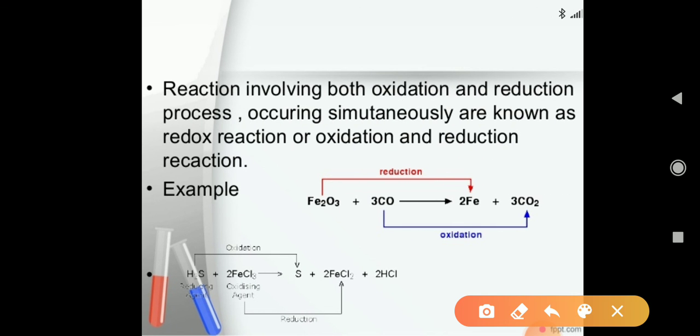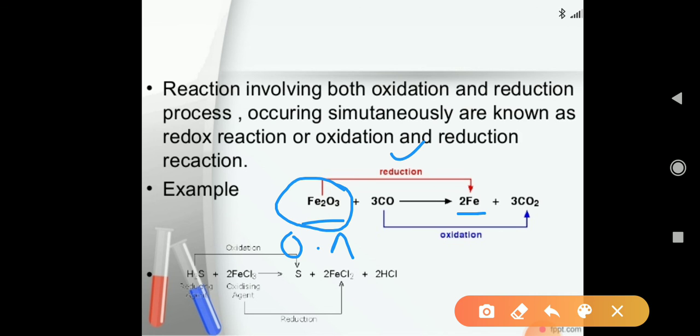So in this example, Fe2O3 is converted into Fe, and the reaction that takes place is reduction. So here reduction takes place, and therefore the one whose reduction takes place is called the oxidizing agent. So Fe2O3 is the oxidizing agent. Then this CO, carbon monoxide, is converted into CO2, and the reaction that takes place is oxidation. So the one whose oxidation takes place is called the reducing agent. So CO is the reducing agent and Fe2O3 is the oxidizing agent.